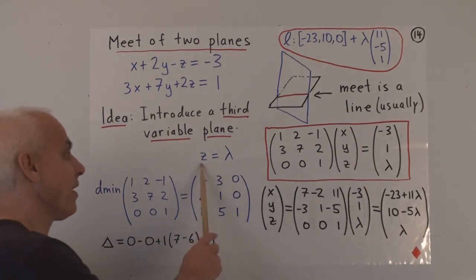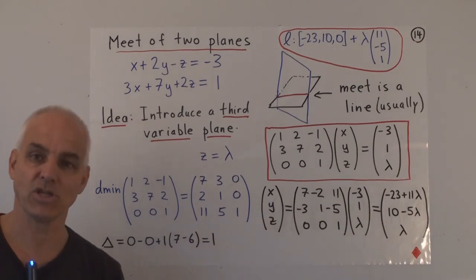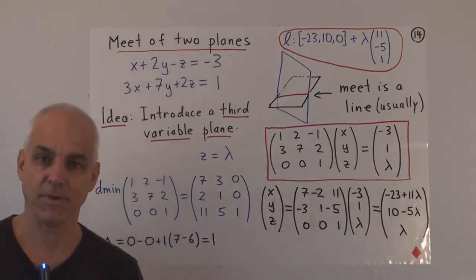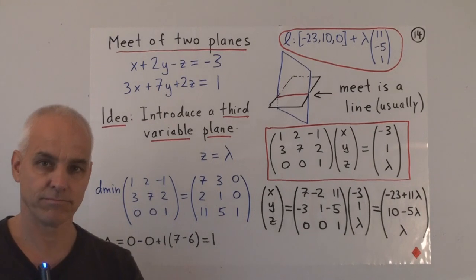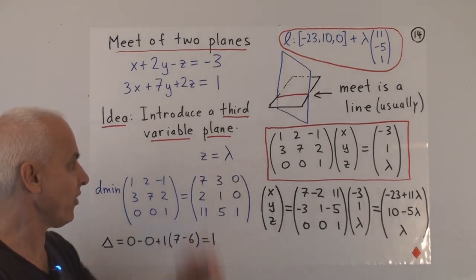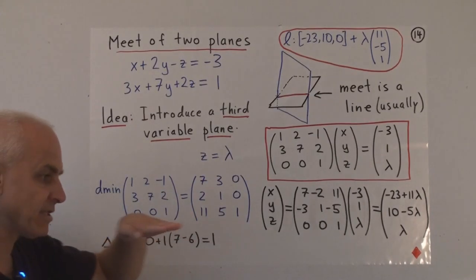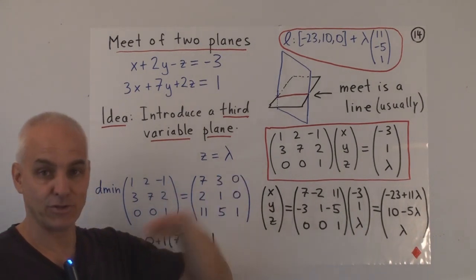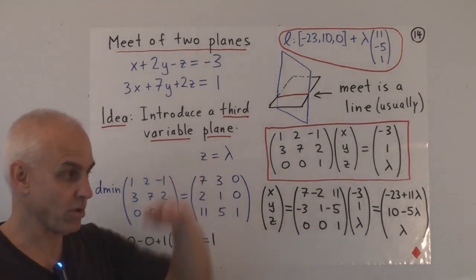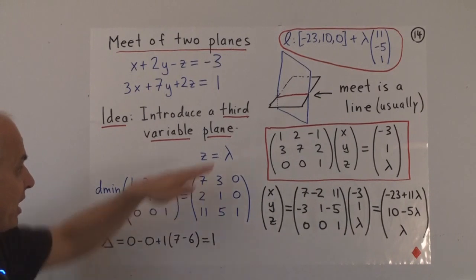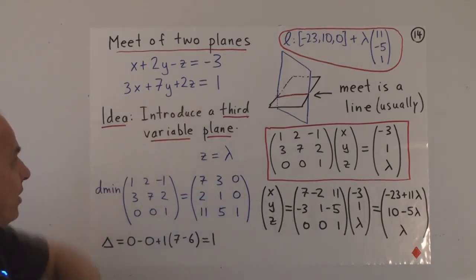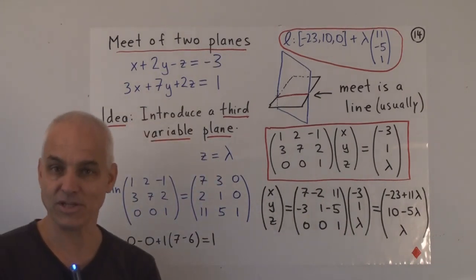We're going to introduce the plane with equation z equals lambda. Lambda is a parameter, like 1 or 2 or 0. So that's a plane that's, in this case, parallel to the xy plane. It's a horizontal plane. And we're going to throw that into our 2 equations that we already have.